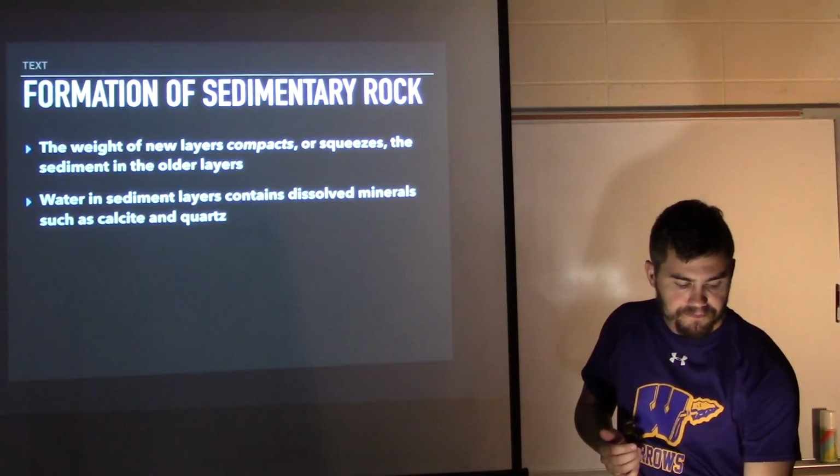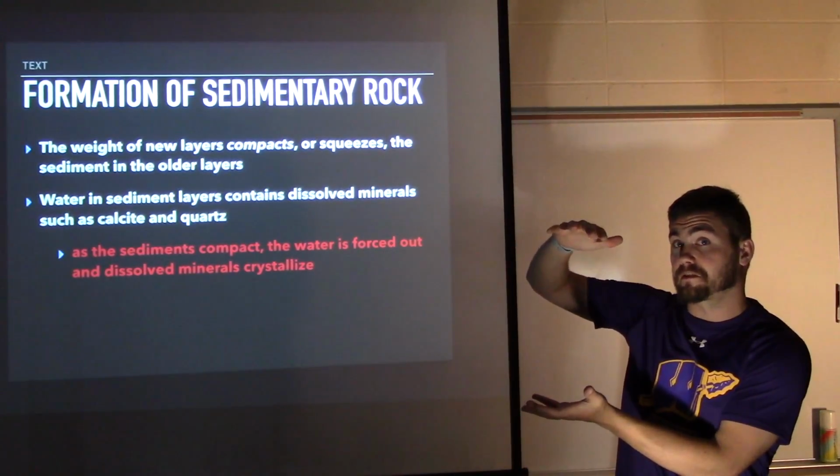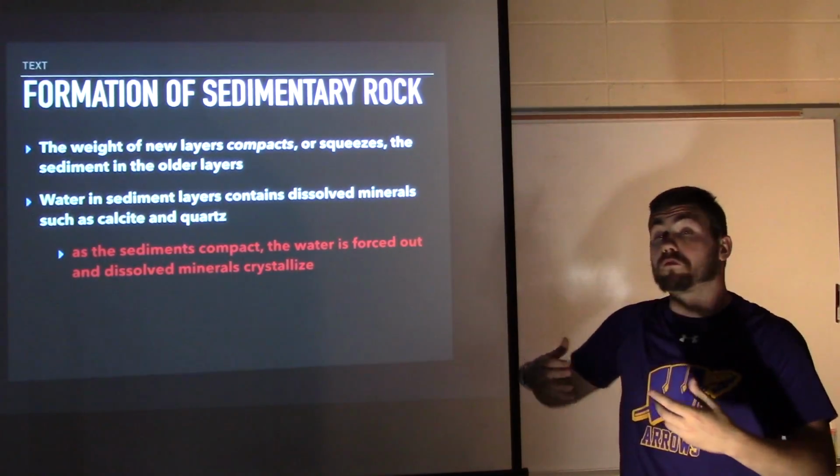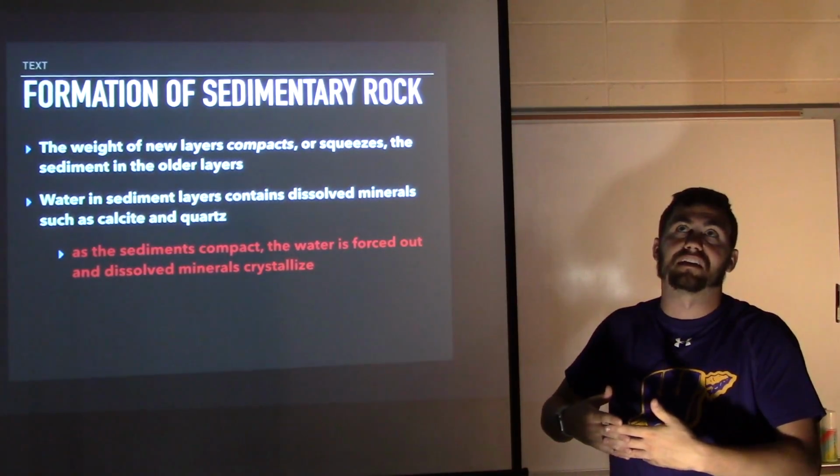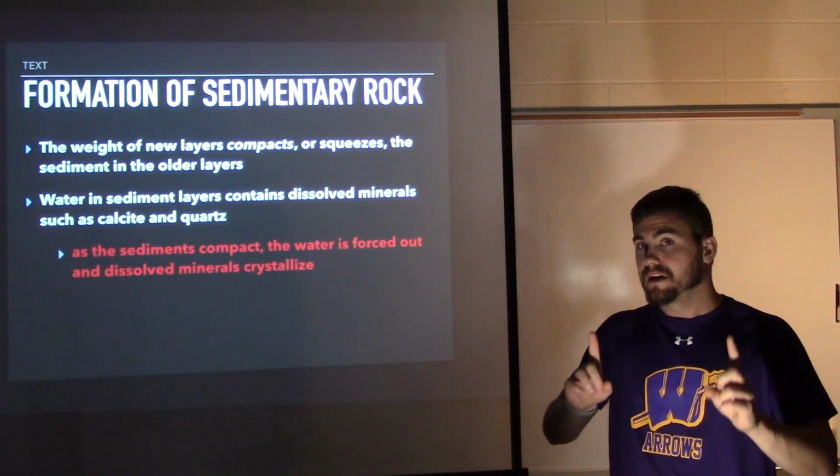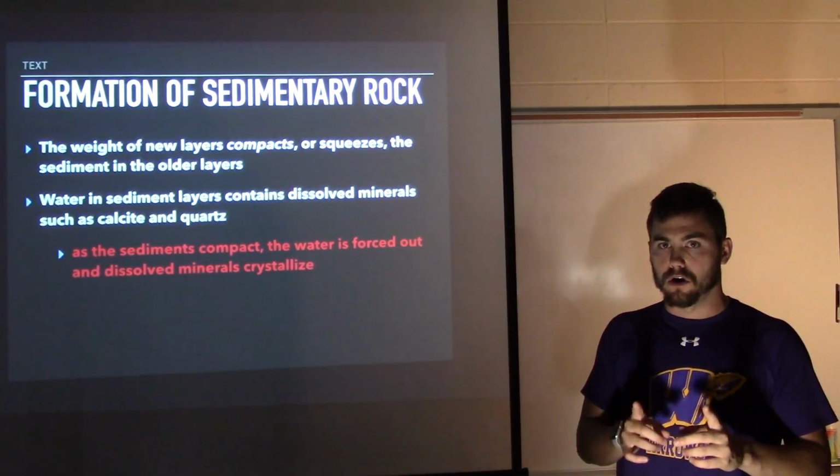Now, as the sediments are squeezed, the water is forced out. We say that it's exuded, but the minerals are not all forced out.